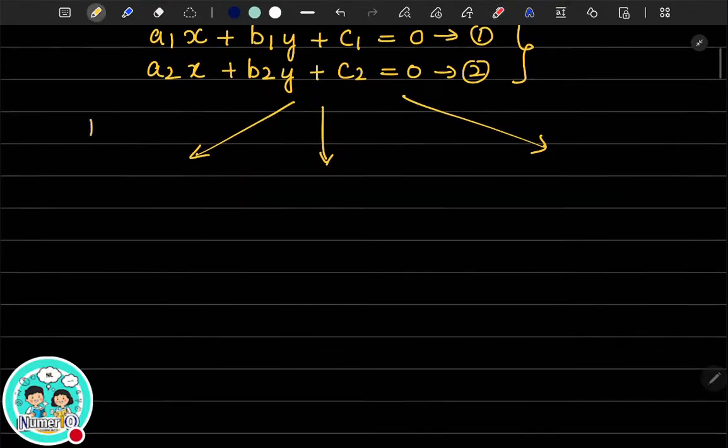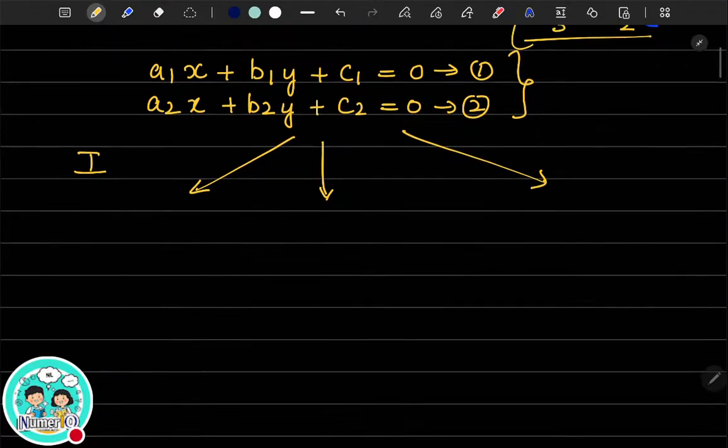What is the first scenario? Suppose your a1 is the coefficient of x in the first equation, b1 is the coefficient of y in the first equation, and c1 is a constant. a2, b2, c2 are the coefficients in the second linear equation.